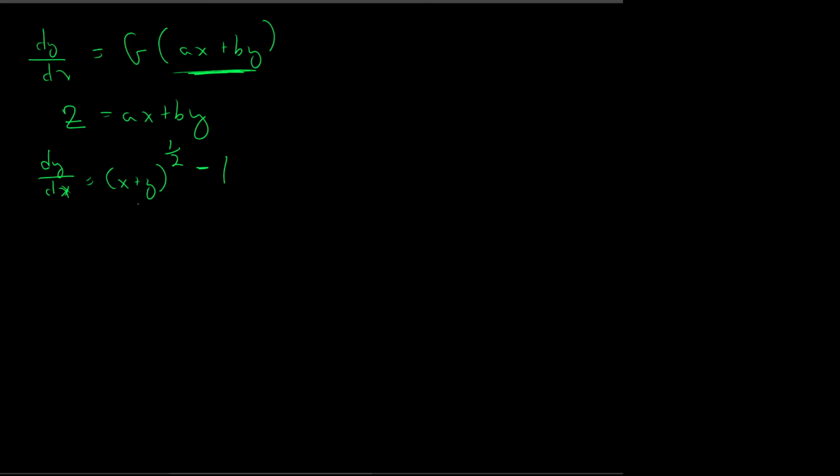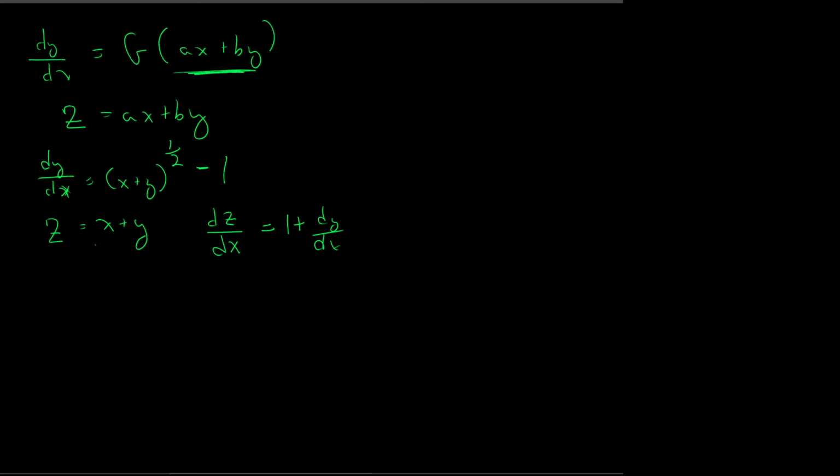And so what I want to do is, I'm going to go, hey, you know what? Let z equal x plus y. So taking the differential of z with respect to x, I'm going to get 1 plus dy/dx. Right, because d/dx of x is 1, and this becomes dy/dx.